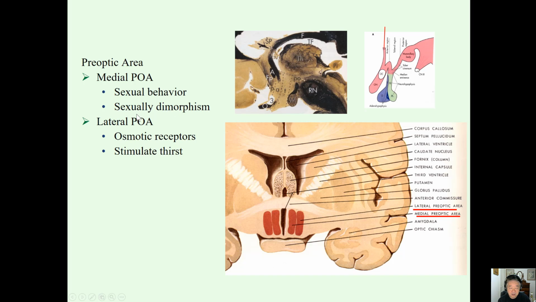Therefore, the nucleus in this region is called sexually dimorphic. In the lateral preoptic region, there are osmotic receptors. They are located here to sense water for thirst.